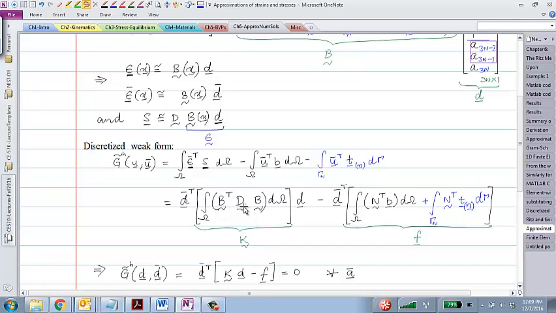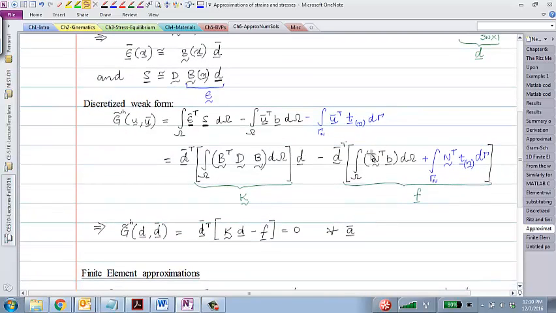This is very similar. D is the material matrix, where for 1D problems we had C. This B transpose is now a vertical vector. This B is a horizontal vector. So the product of all of this gives me a K stiffness matrix. Very similar to what we had for the 1D problem, but of course a little more involved.